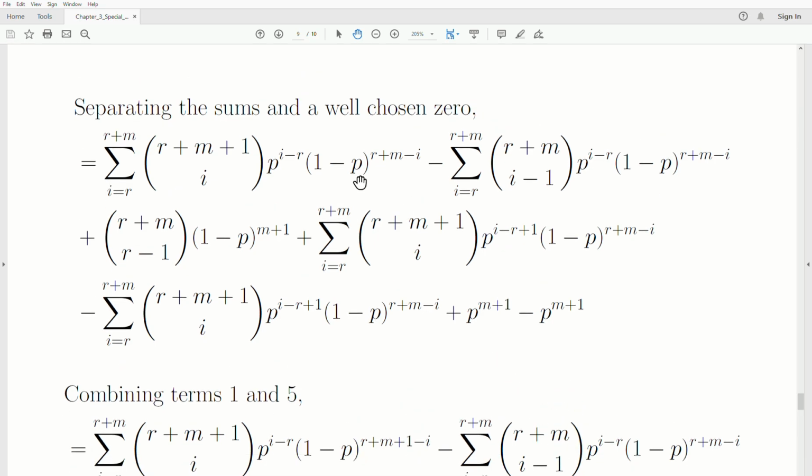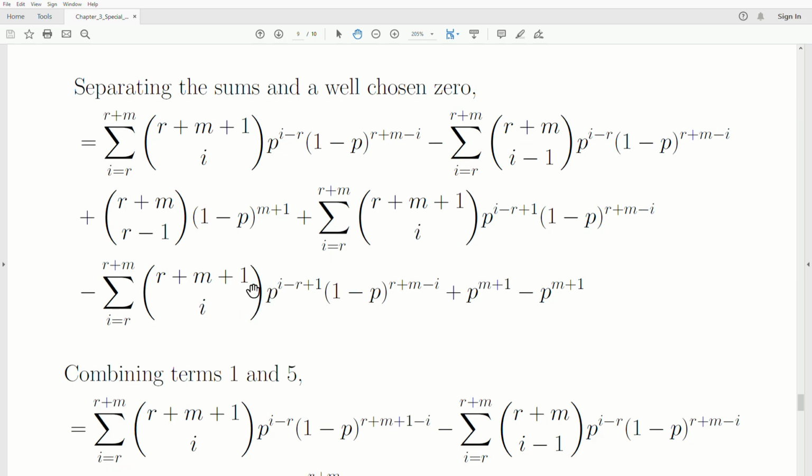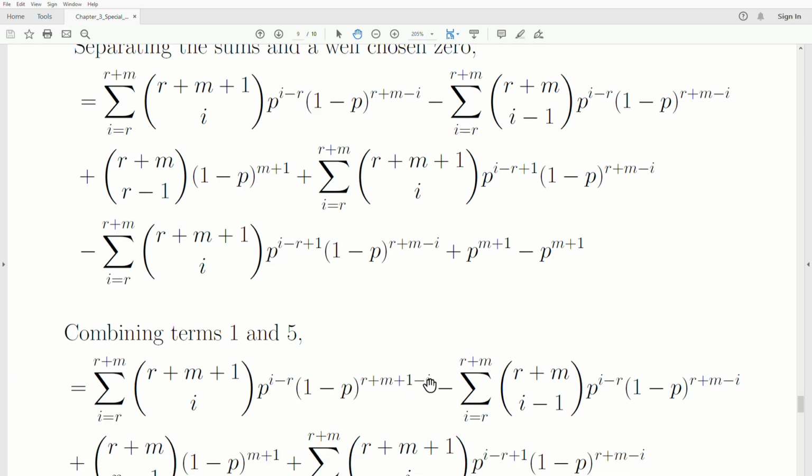Now, combining terms 1 and 5. So this term and this term, and then because they're summed from r to r plus m, we can combine them, and then we factor out everything, and it ends up that it looks very similar, but we just get an extra +1 in the 1 minus p.